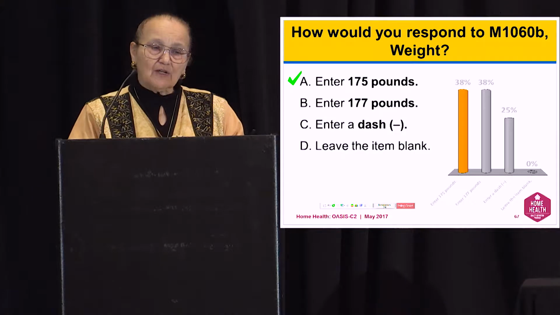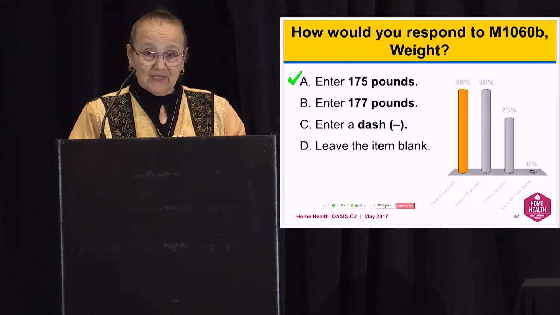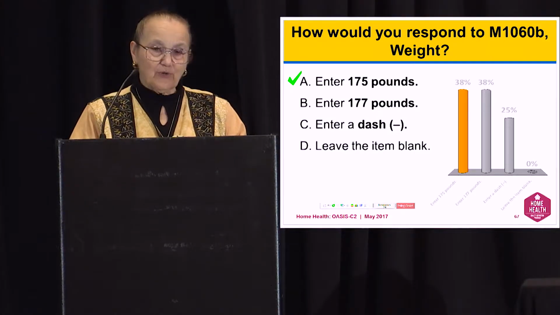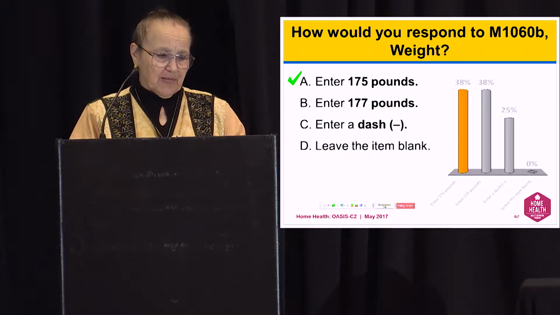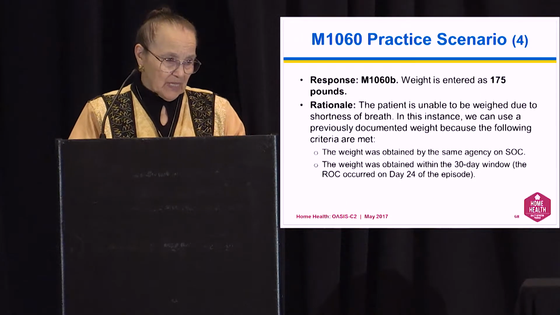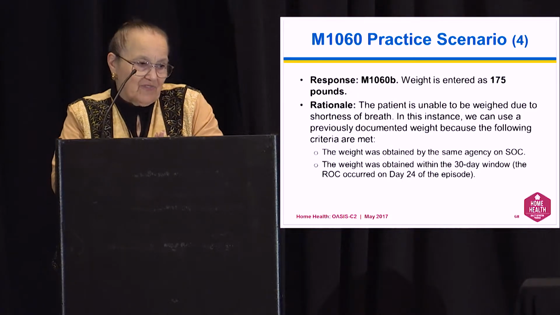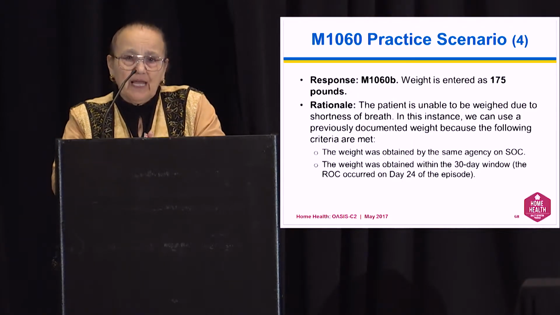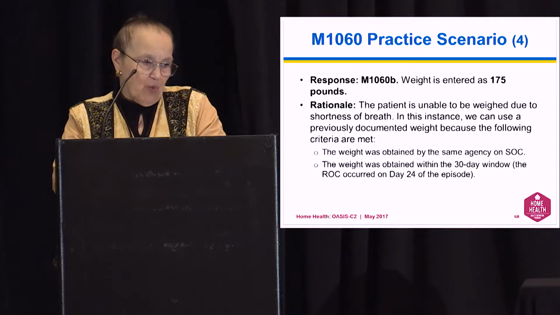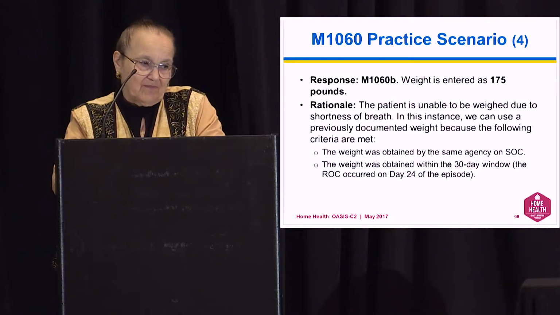Now, we need to understand the why so that when you go back to your agencies you are training your staff properly and actually getting the correct information. You would enter the weight as 175. This patient is unable to be weighed on day 24 due to shortness of breath.